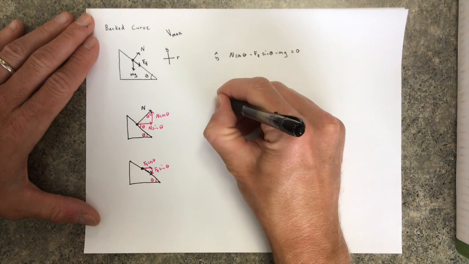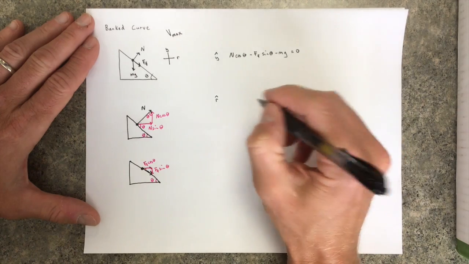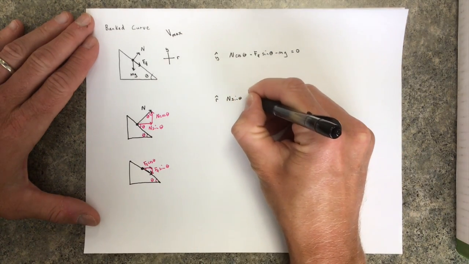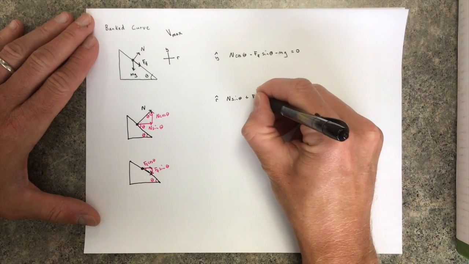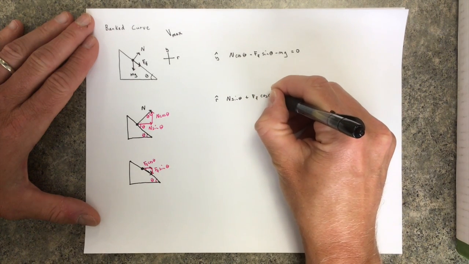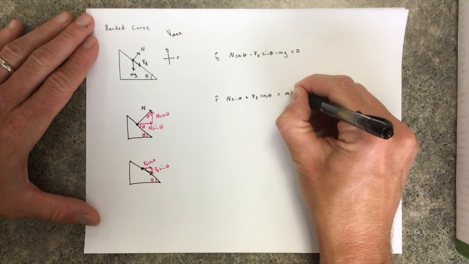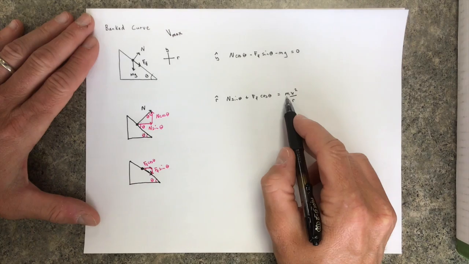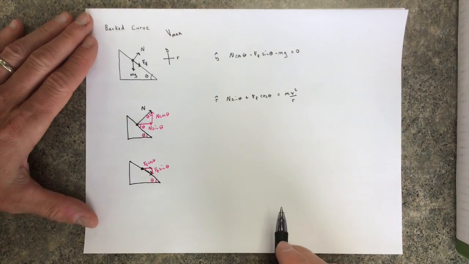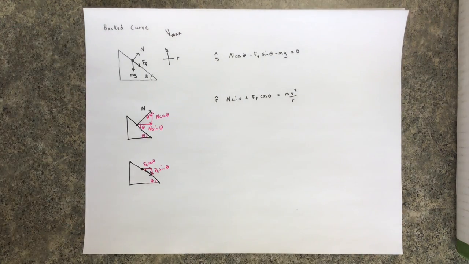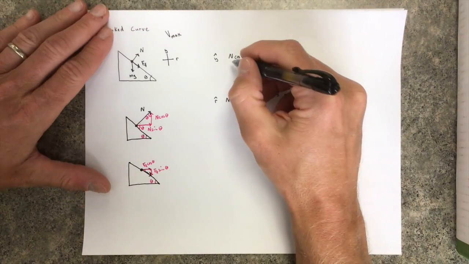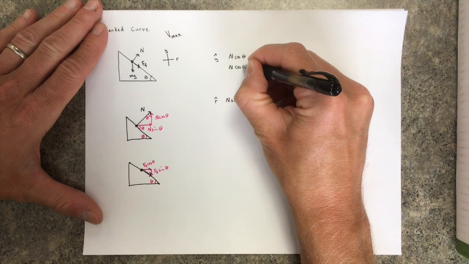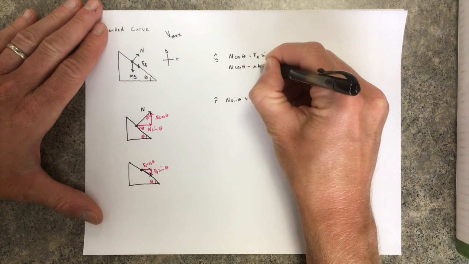In the r direction, meaning the radial direction, we have an inward force of N sine theta, and we have another inward force of F_f cosine theta, and that net force causes the object to experience centripetal acceleration, which I replaced by v squared over r. Okay, I'm going to take this top equation, and the first thing I'm going to do is rewrite the force of friction as mu N.